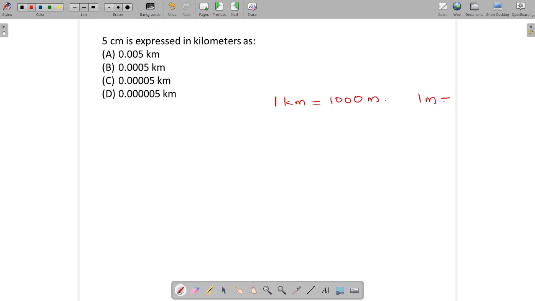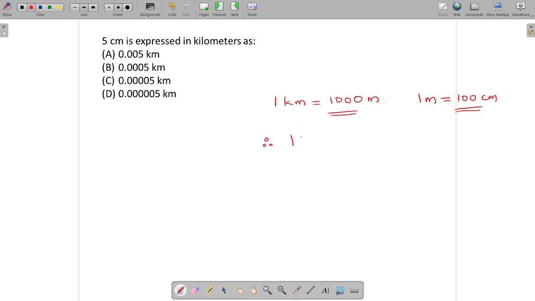What about 1 meter? 1 meter is equal to 100 centimeters. 1 kilometer is equal to 1000 meters. 1 meter is equal to 100 centimeters. Therefore, 1 kilometer in centimeters is 1000 into 100 centimeters, and that's equal to 1 lakh centimeters.